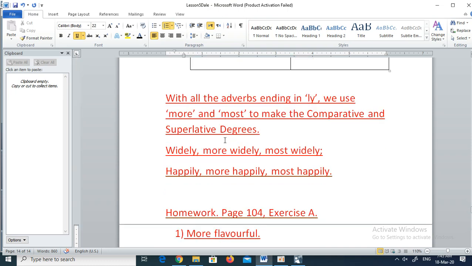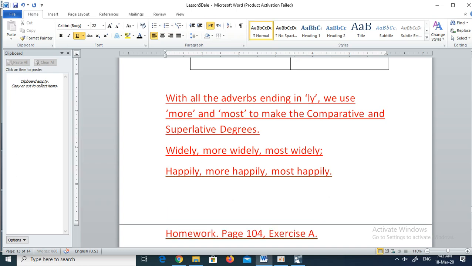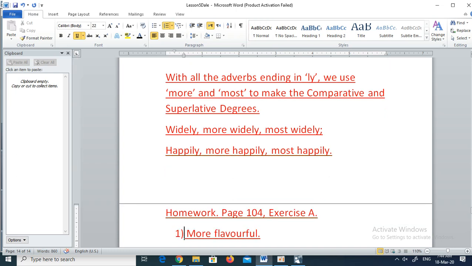All right, what I need you guys to do, work through page 104, exercise A. When you have done it, you need to take a photo on your smartphone and send that photo to your English teacher. Thank you very much, and that is the lesson for today.